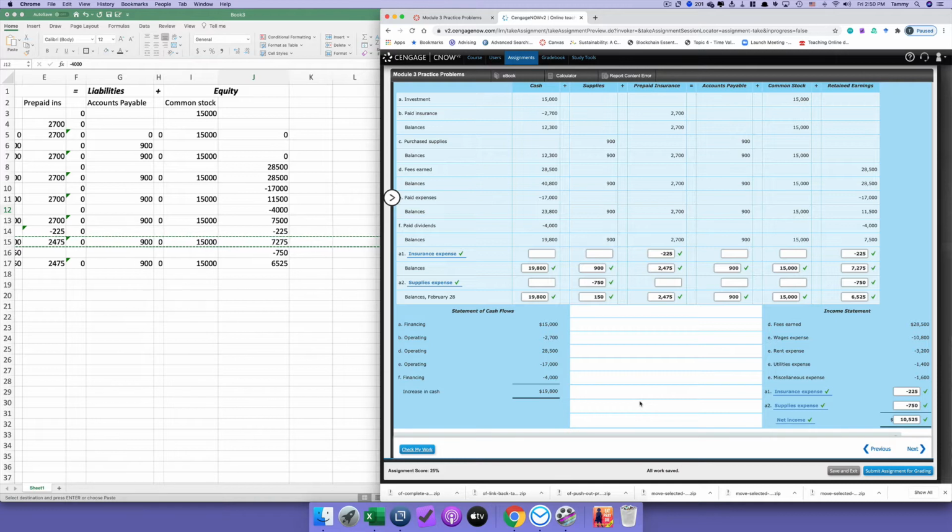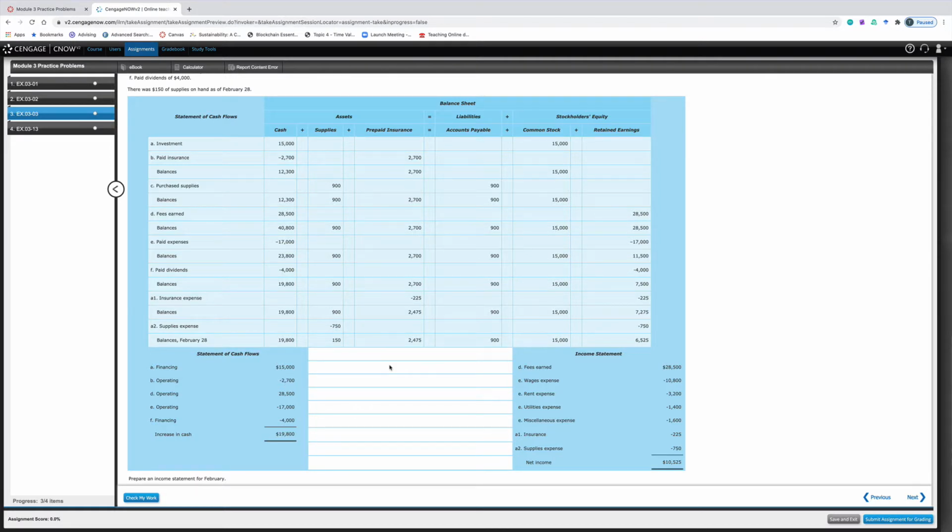Now I'm going to go straight on to number 3 because that also is fairly quick. For number 3, I went ahead and closed out my Excel sheet because you can do this easily enough without Excel. And I want to note that what you have here is pretty much everything that you need, right? The ending balance at the end of the month in each of these accounts are what you're going to put in a balance sheet.